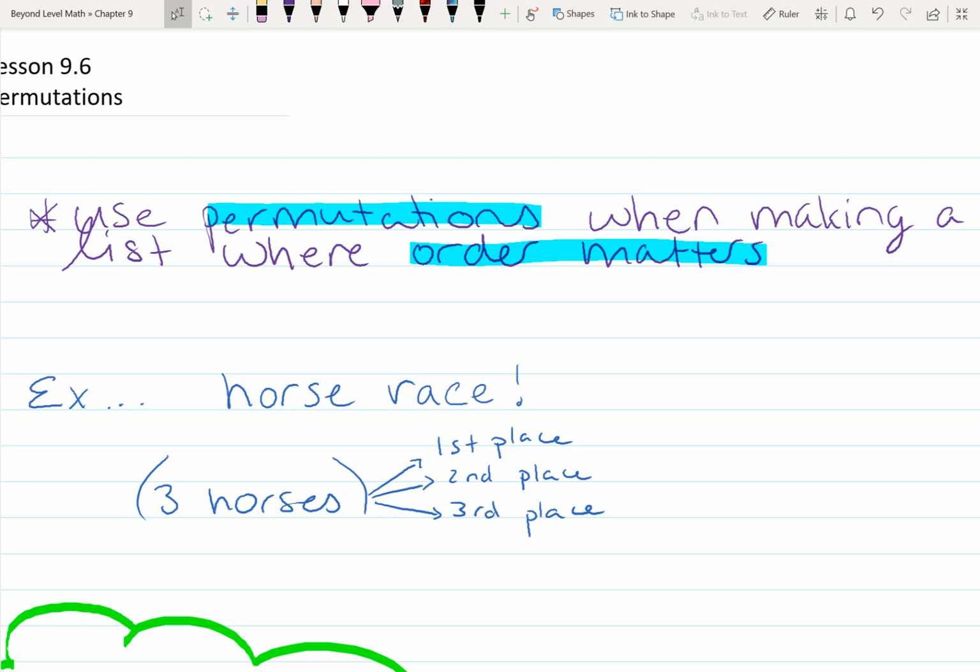So the 2 other horses can win second place. And for third place, there's really only 1 horse that can win, because the horse that won first place can't win, and the second place horse can't win third place as well. So order matters.